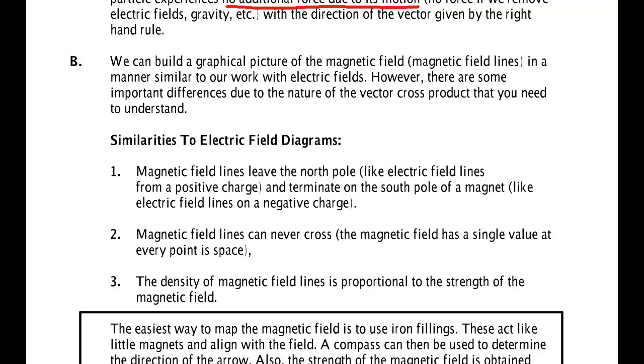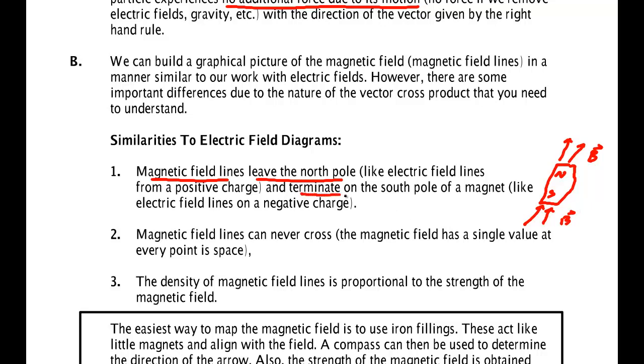There are some important differences and there are important similarities. So here are some similarities. The magnetic field lines will leave the North Pole. So if you have a North Pole of a magnet and a South Pole, the field lines leave the North Pole, and they enter on the South Pole.